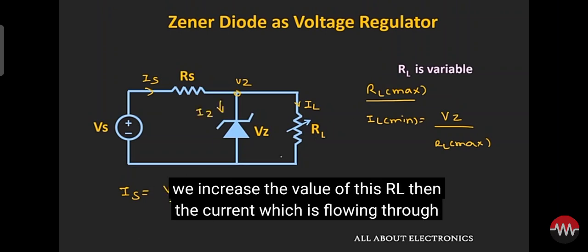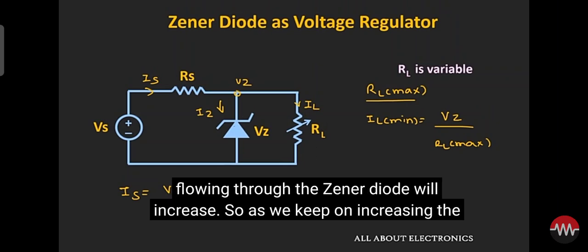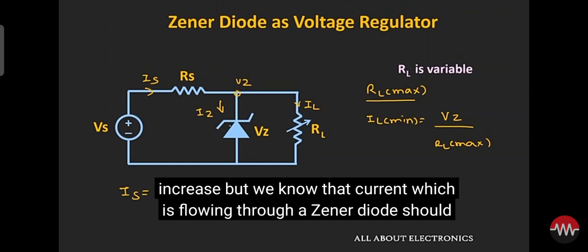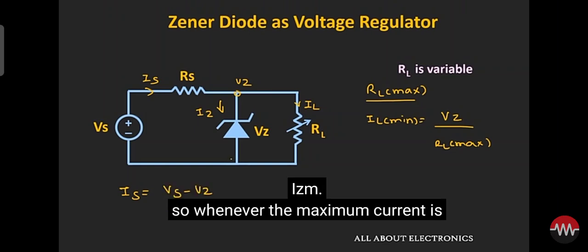Now as we increase the value of this RL, the current which is flowing through this load resistor will reduce, and at the same time the current which is flowing through the Zener diode will increase. So as we keep on increasing the value of RL, the current which is flowing through the Zener diode will increase. But we know that the current which is flowing through the Zener diode should be less than the maximum rating, or in other words it should be less than IZM.